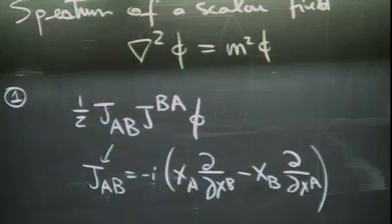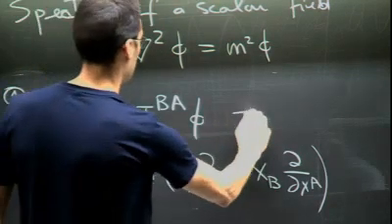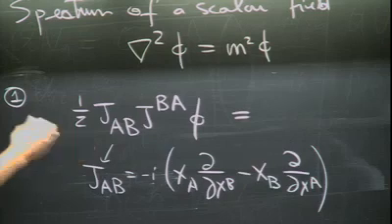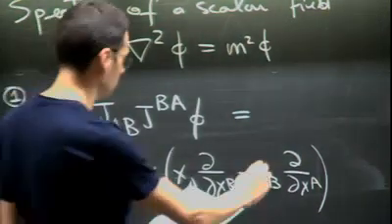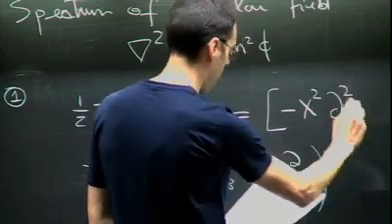Now I want to take the square of them, so consider the quadratic Casimir. It's a simple exercise to contract these indices, commute some of the derivatives, and show that this is equal to the following.